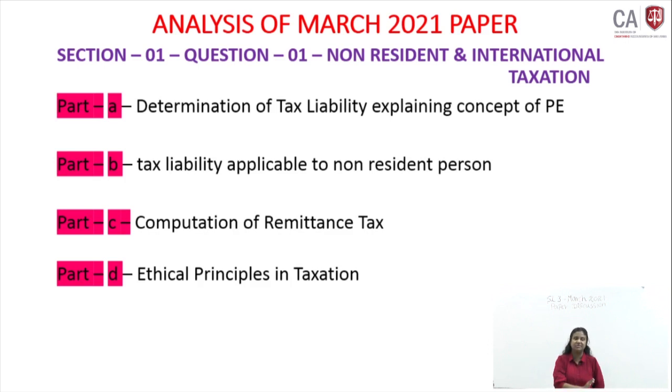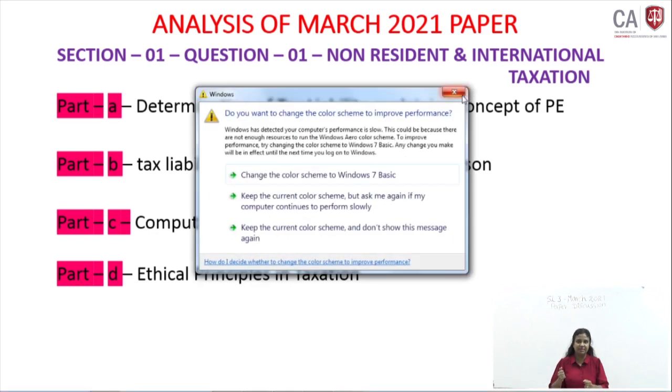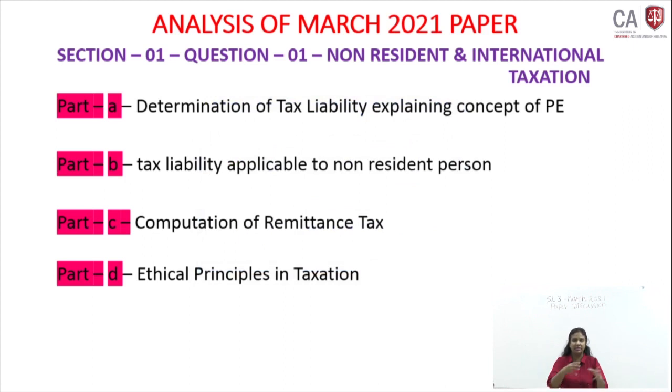Article 5 is the key article, along with the provisions of the Inland Revenue Act. Since you are planning for the June 2021 examination, I am taking all these things together. The first part, for 8 marks, is whether this is a permanent establishment or not, and before that, you have to determine whether this person is liable to pay tax in Sri Lanka.